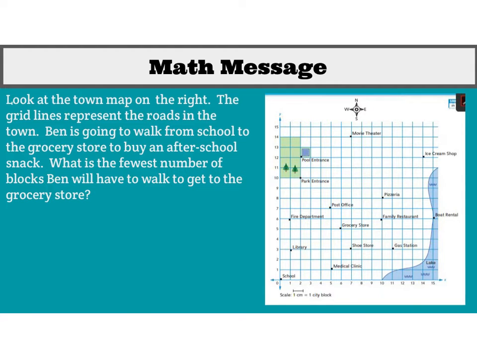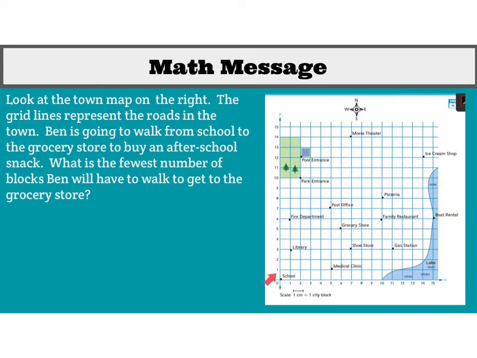So if you have tried to figure out how far it is, let's say that we just decided to go straight up. So we're going to travel all the way up to here, and then we're going to go across to the grocery store.